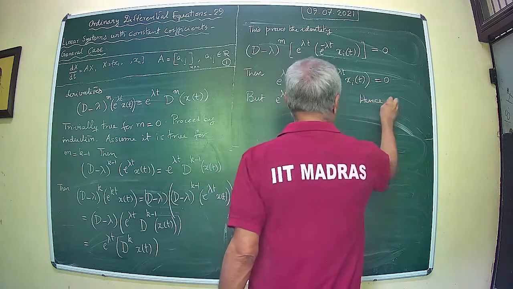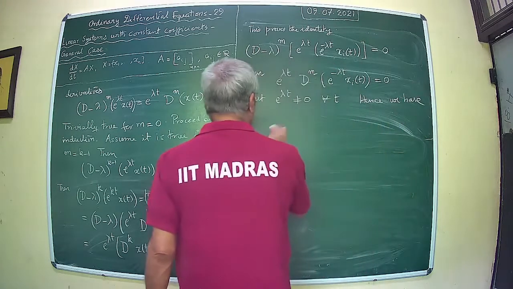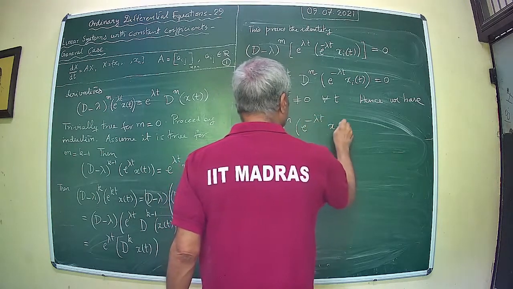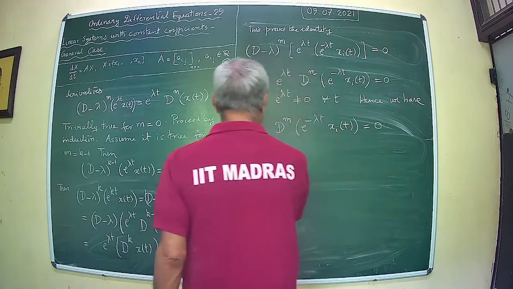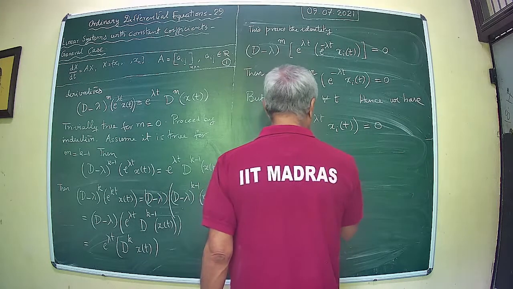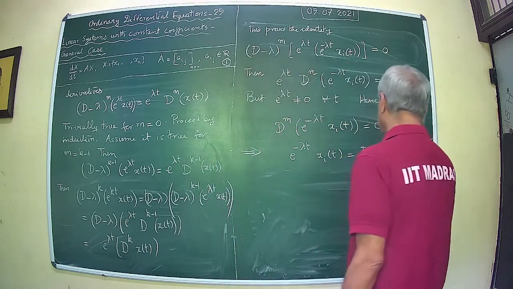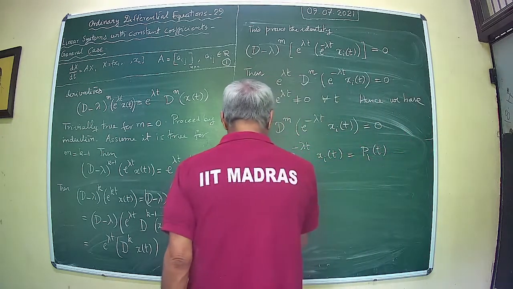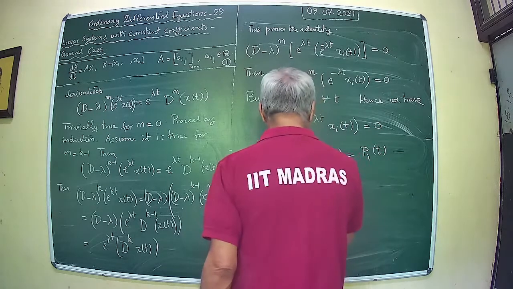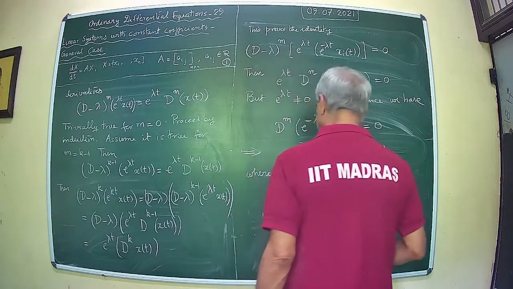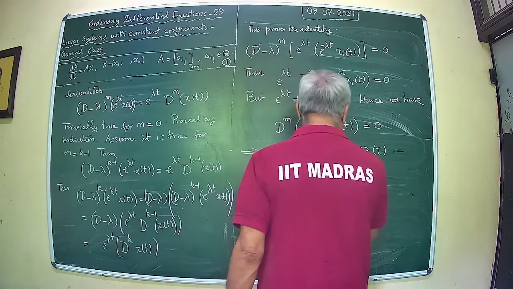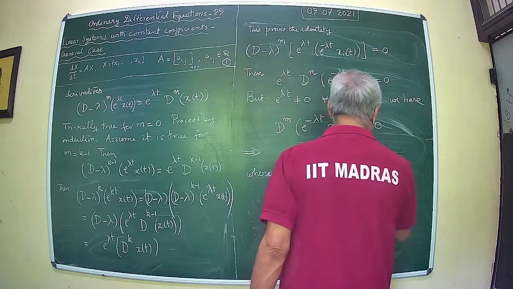Hence, we have that is the mth derivative of e to the power minus lambda t x_i(t) is 0, which implies, now you can easily integrate this, which implies sum P_i(t), where degree of P_i(t) is polynomial.